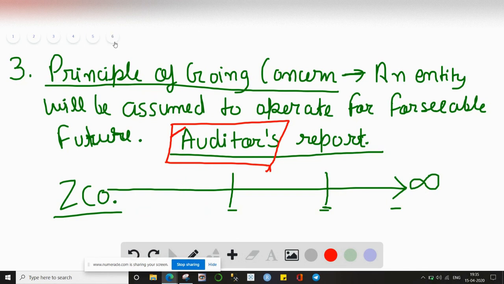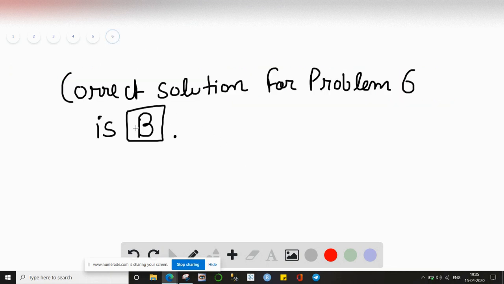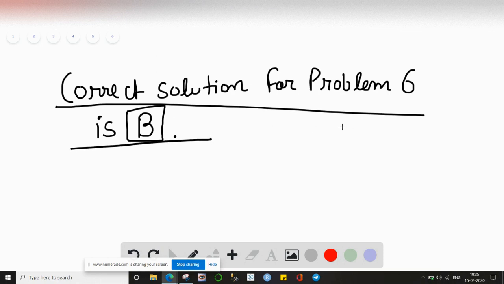This is the actual practice followed in the real world. But for the sake of this problem, the correct solution for problem 6 is B.